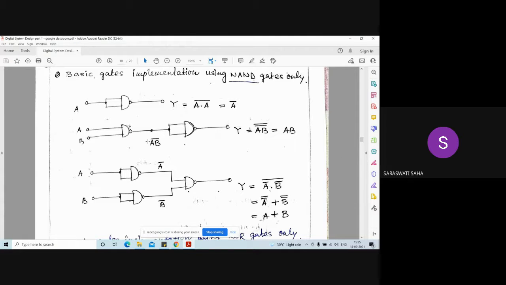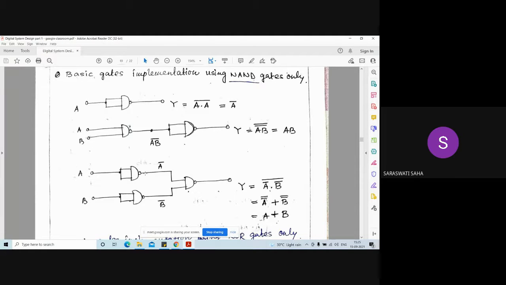If we take the double complement of any variable, suppose we write A double naught, then we will get A again. Check: if you put A equals 0, A naught will be 1.